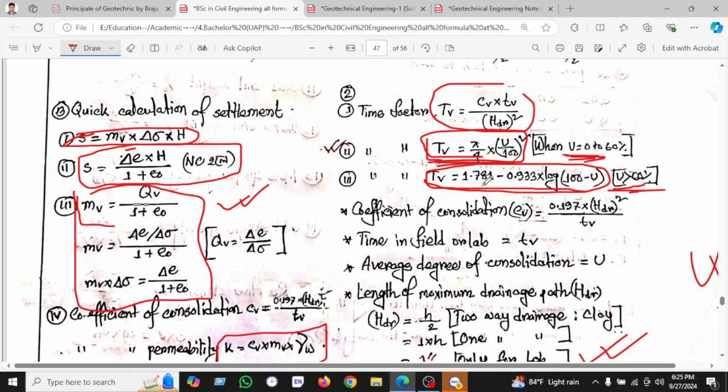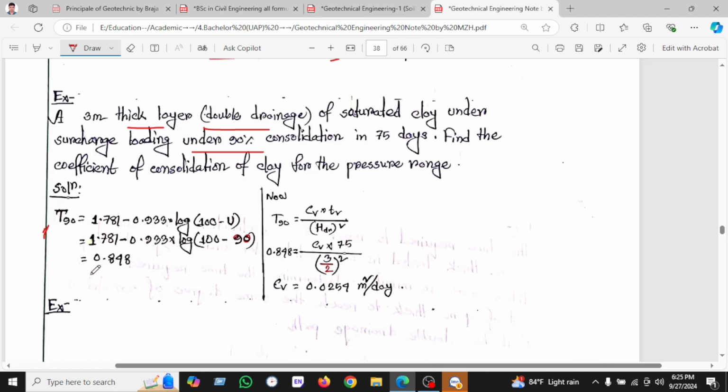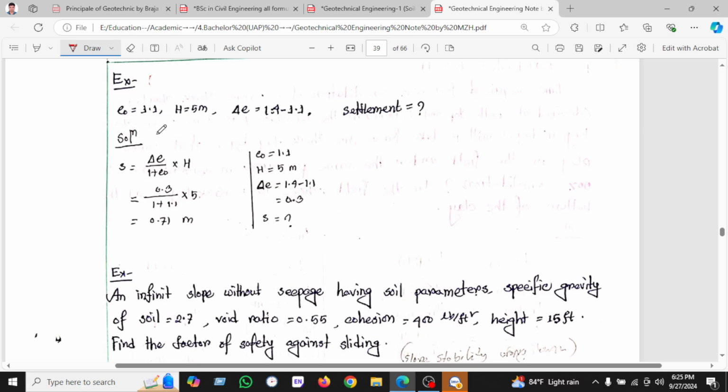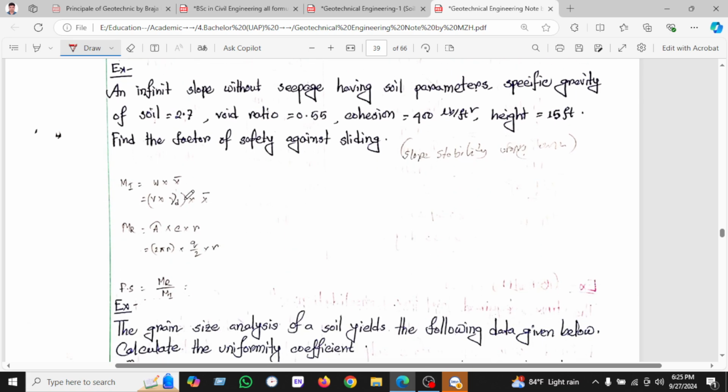So TB will be 1.78 minus 0.99 log 100 minus U. I used this formula and found 0.848, and finally T90, at 90%, TB equal to CB and drainage equal to 3 by 2, because this is the double drainage. That's why we divide by 2 and find the value of CB. And we have seen another here.